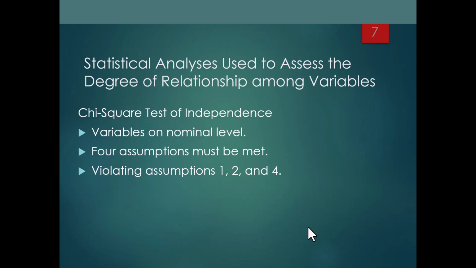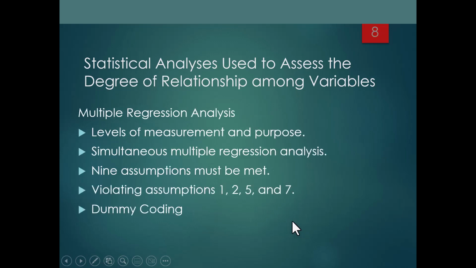Okay, so data should not be correlated. And obviously, if you violate the assumptions, then there are other fixes that you can use to still be able to use chi-square. But really, chi-square can be used as long as your variables are at the nominal level.